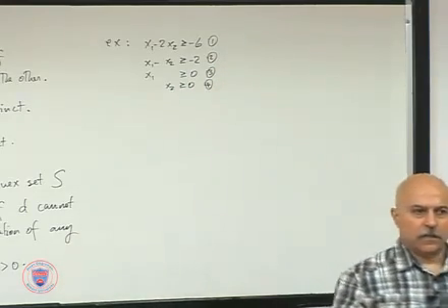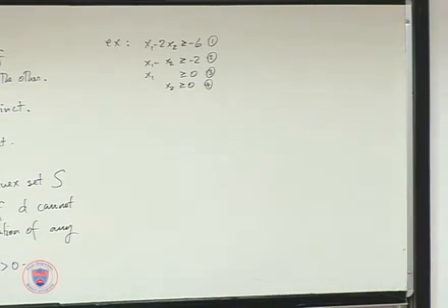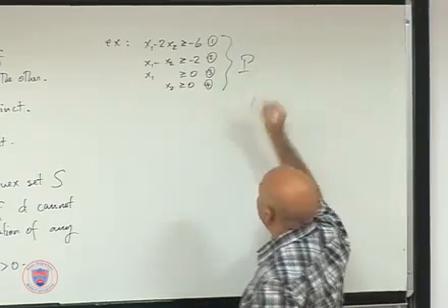Well, in the previous lecture, we actually plotted this, the feasible set. So this defines a polyhedral set P.